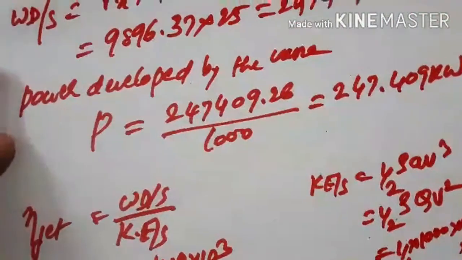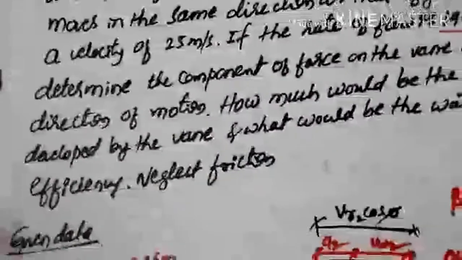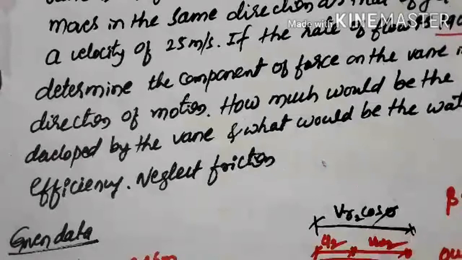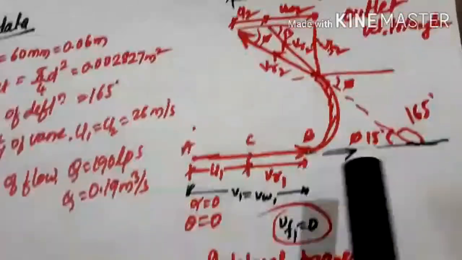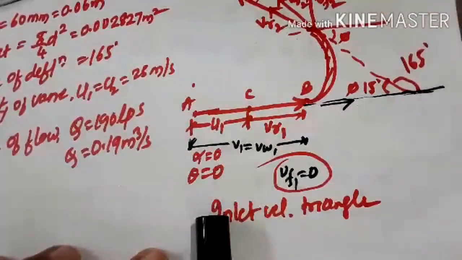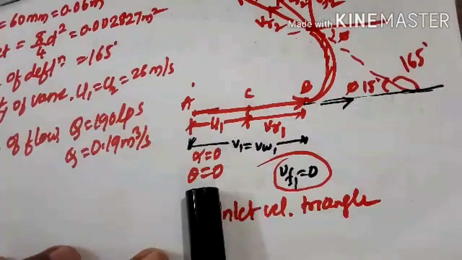In this problem, the important thing is that when the entry angle of the jet entering the vane passage is not given, you have to consider it as 0. Alpha equal to 0 and theta equal to 0.